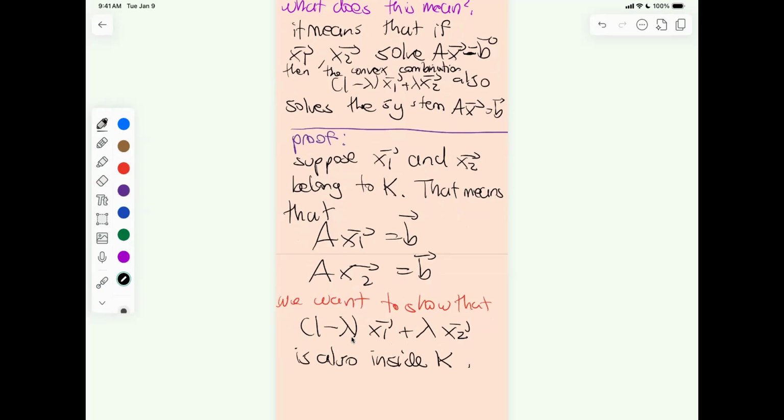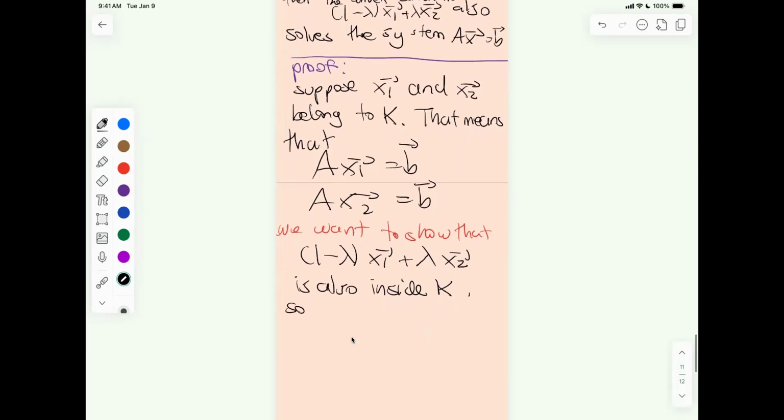Right? So what does it mean for this vector to be inside of K? That means that it must solve the system of equations. So this new vector must solve AX equals B. But what is that for this particular case?